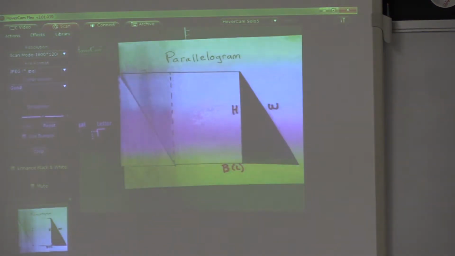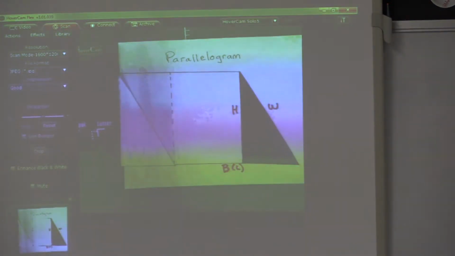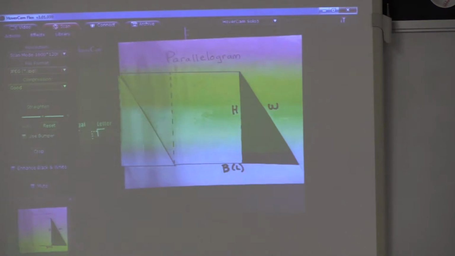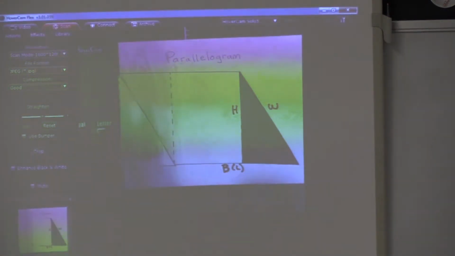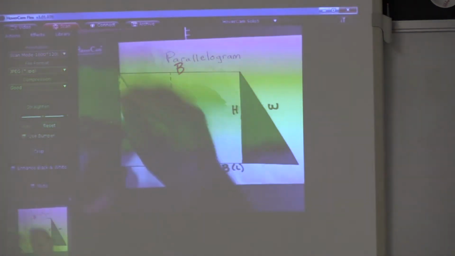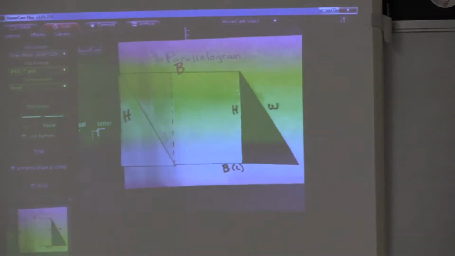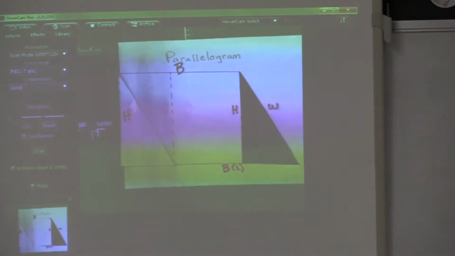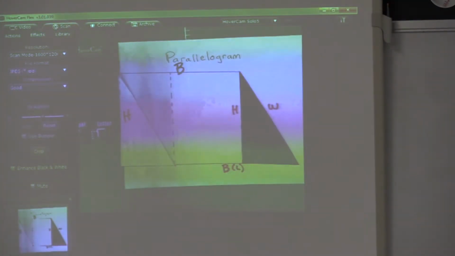Because if you actually cut and paste, you can transform the parallelogram into a rectangle. And now, obviously, this is still the base from here to here. If this is the height, this is also the height. So we can actually cut and make our parallelogram into a rectangle.